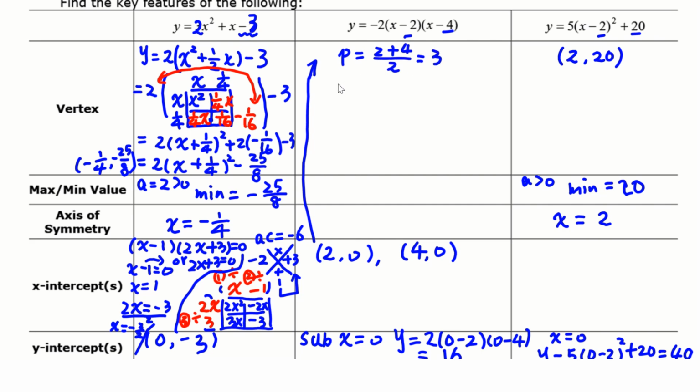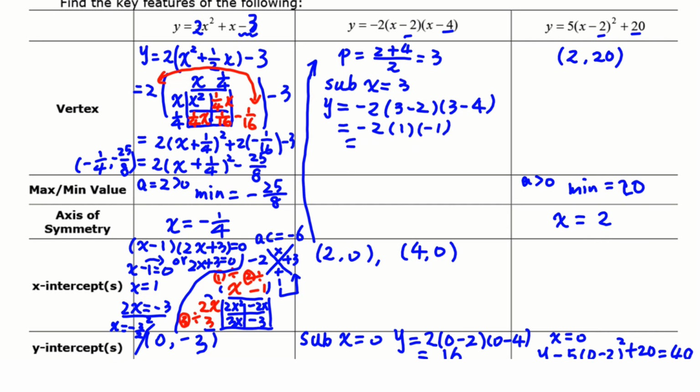Then we want to find the q value, which is just substitution. Substitute x equals 3 into the original equation. So y equals negative 2 times 3 minus 2 times 3 minus 4. Then we do the calculation: negative 2, 1 times negative 1 gives you positive 2.